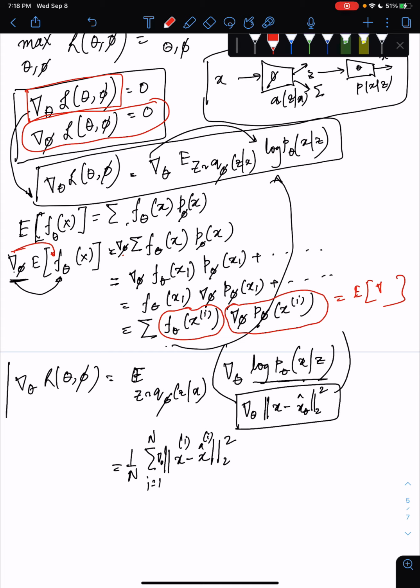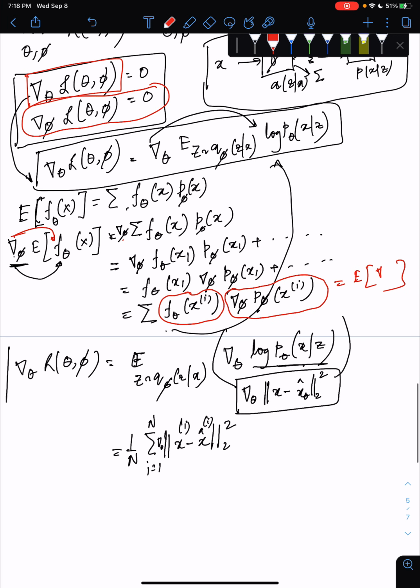And here is the problem. Earlier it's not like that. Earlier, this theta and this phi are different. So we are not taking the derivative with respect to the parameters of the distribution, but here we are doing the same thing.